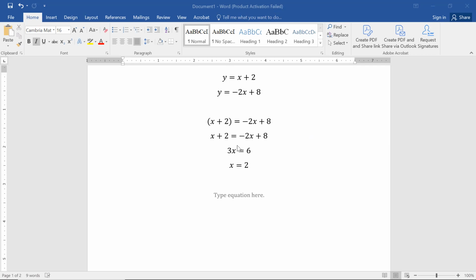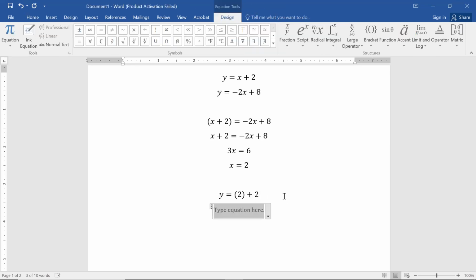After I get x equals 2, I plug it in to either the first or the second equation. They're about equally as easy. So I will go y is equal to x plus 2, and I'll use that equation. I'll plug in 2 for my x and end up with y equals 4.